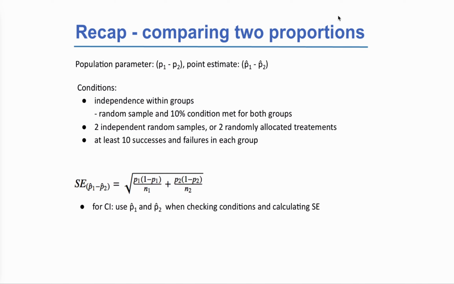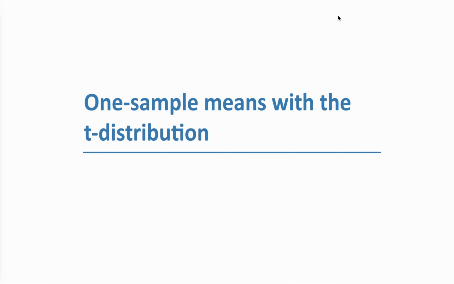And our standard error is the square root of P1 times 1 minus P1 over N1 plus P2 times 1 minus P2 over N2. For a confidence interval, we're going to use P1 hat and P2 hat when we're checking these conditions and calculating the standard error, because we don't have P1 and P2. That's part of what we're trying to estimate. We only have P1 hat and P2 hat. And that's it. Ta-da!